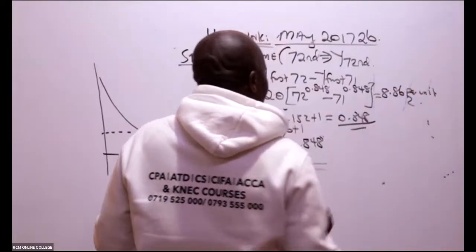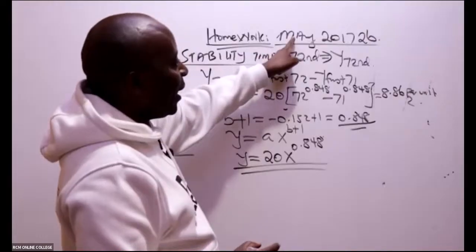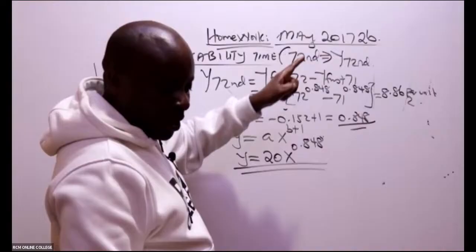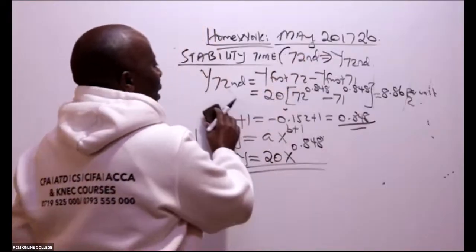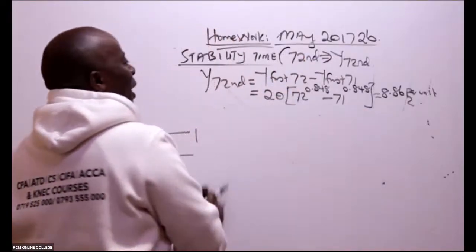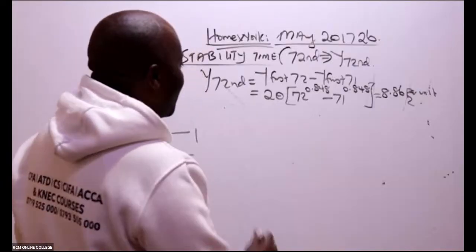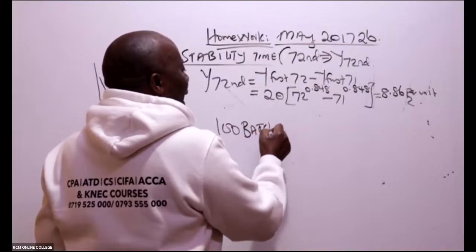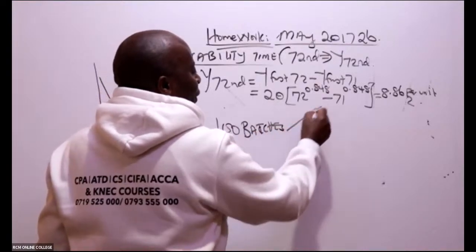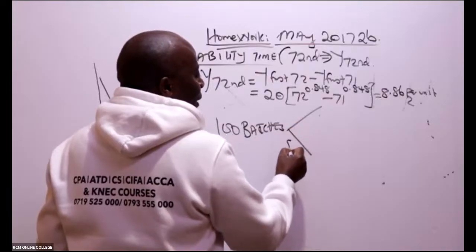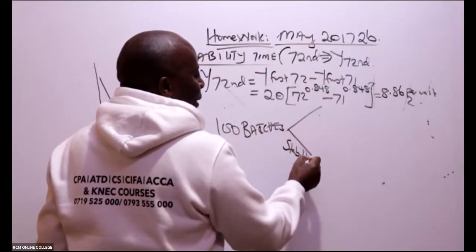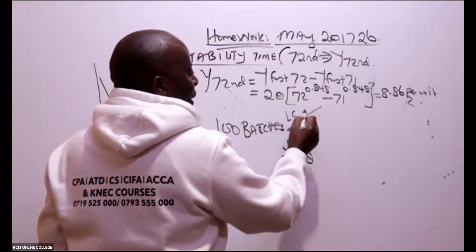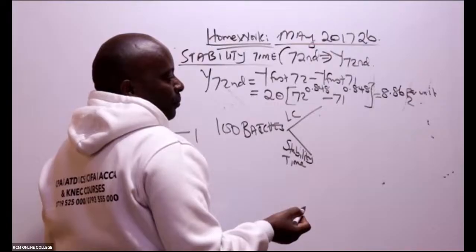Once you finish doing this, this is the concept being tested here, because here they stabilized at the 64th batch. Remember, in total there are 100 batches. Out of these 100 batches, we have batches where stability time is being used, and those where the learning curve is being used.